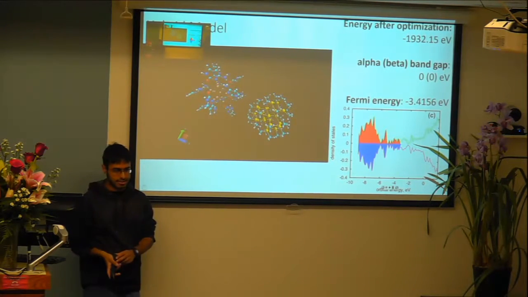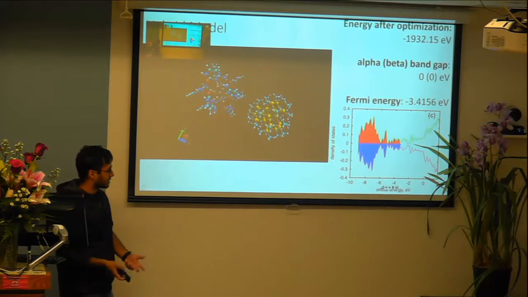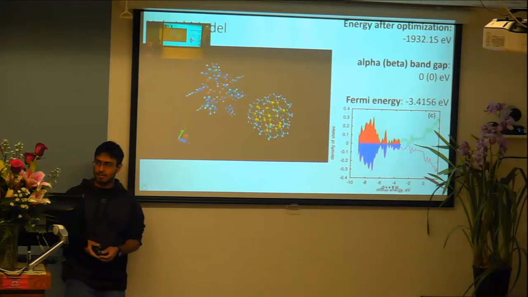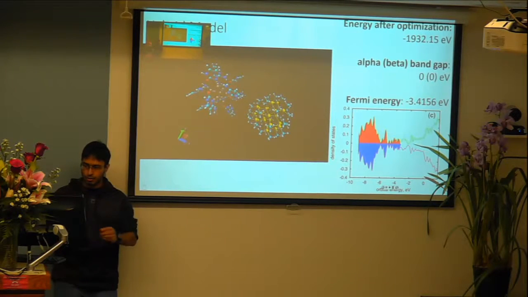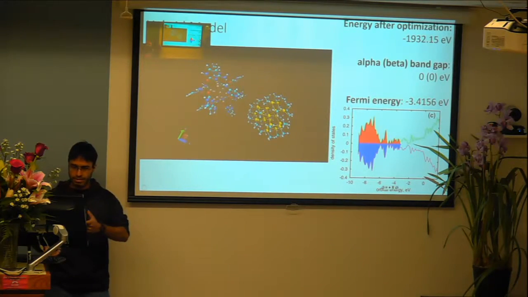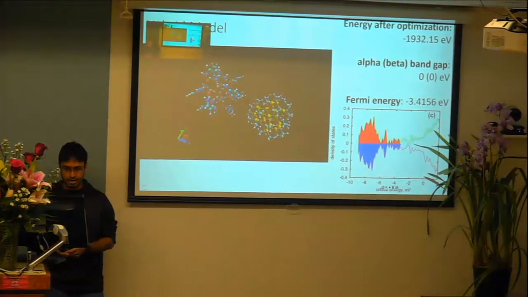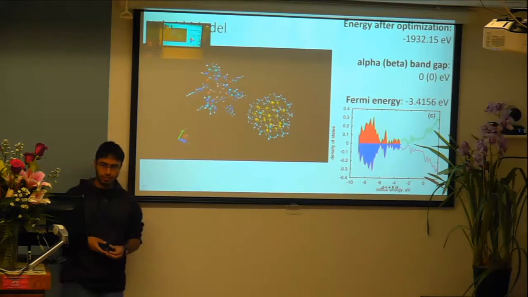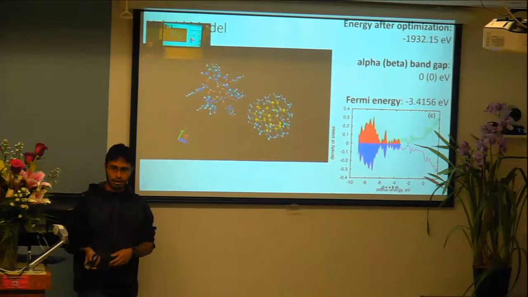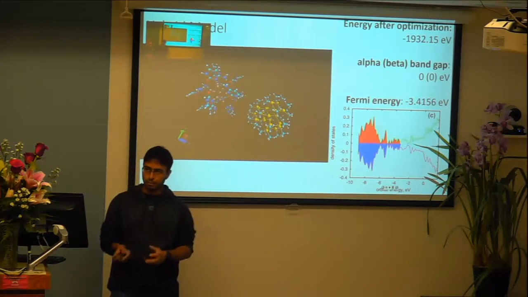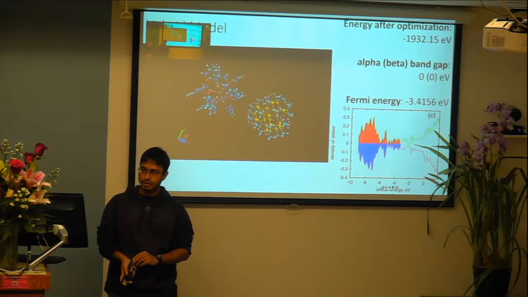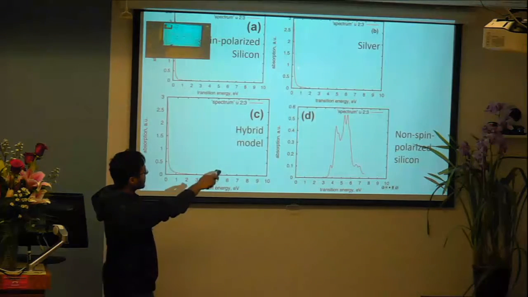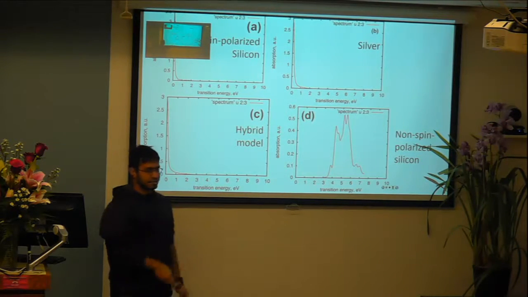So the band gap was essentially zero, which means that electrons did not need to have much energy in order to go from one state to the next state when you're trying to excite the electrons. And in order to actually combat this, one would need to oxidize the model more, or in other words, remove more electrons from the model in order to have these peaks appear at higher transition energies.